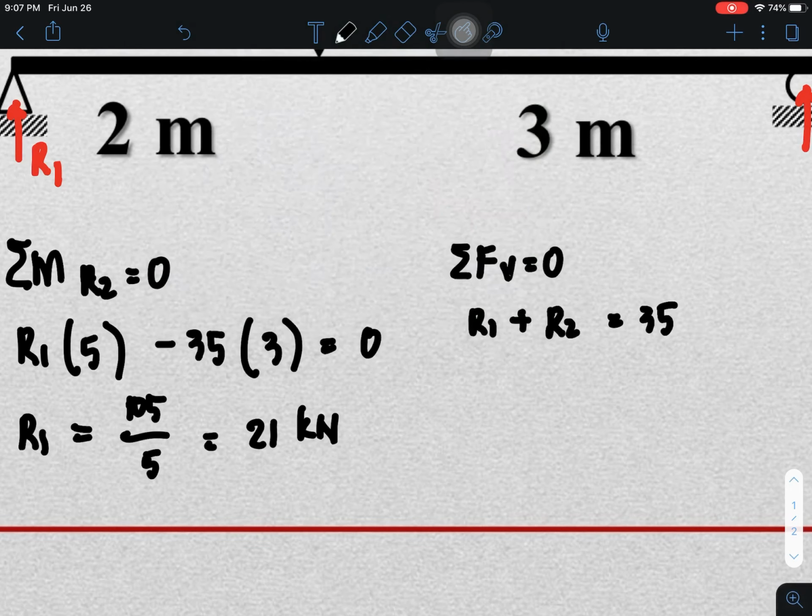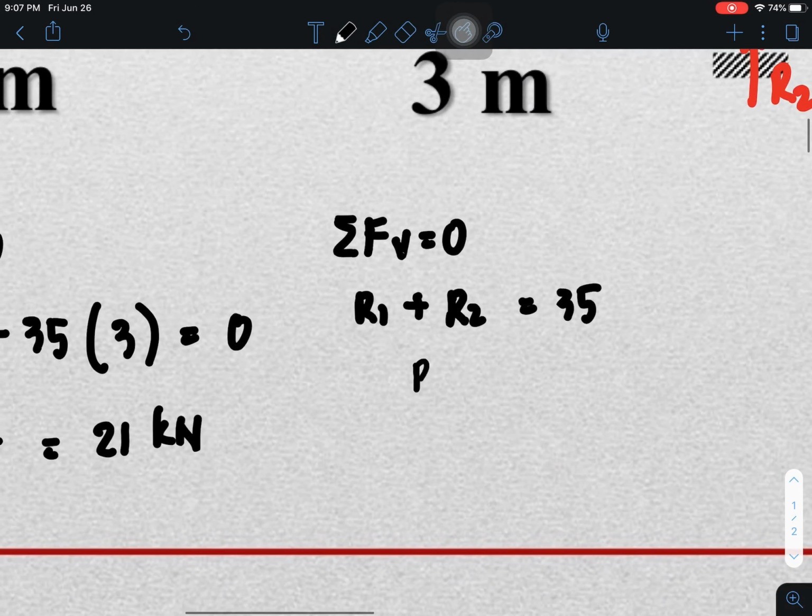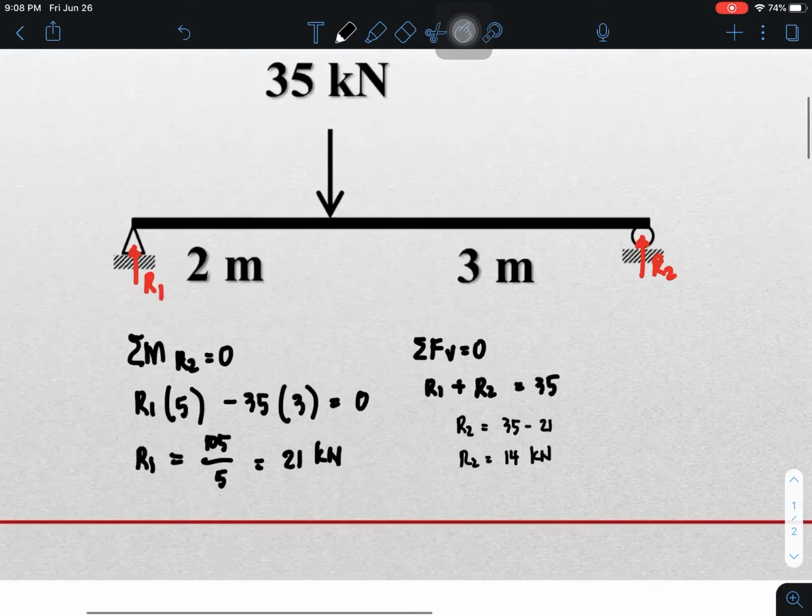Since R1 is already known, that is 21, we can now get R2, and that is 35 minus 21. So R2 is basically 14. So we won't need R2 later on.